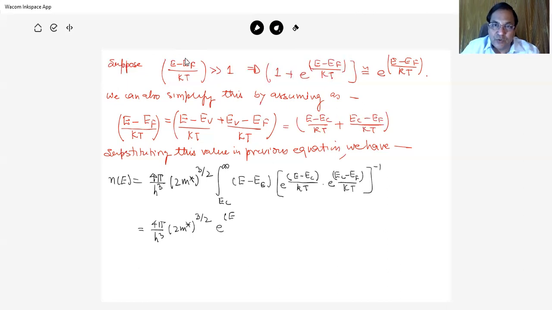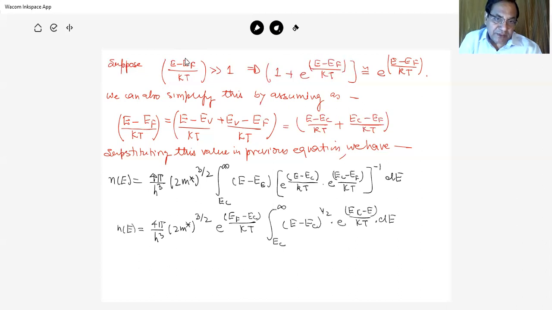These are the constants, and inside the integration is infinity to EC, (E minus EC) to the power 1 by 2 into e to the power (EC minus E) upon KT into dE.